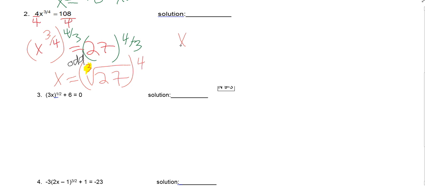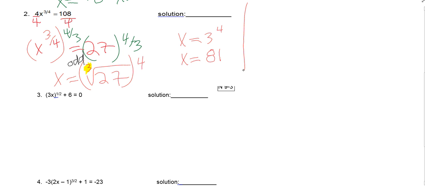We have x equals 3 raised to the 4th power. And of course that would equal 3 times 3 is 9, times 3 is 27, times another 3 is 81. So x equals 81.